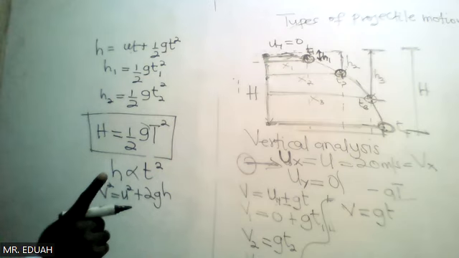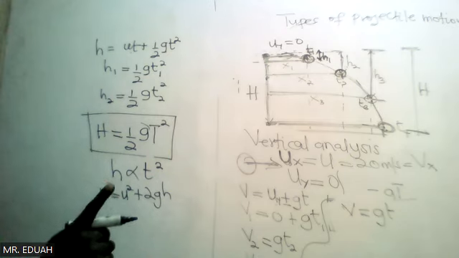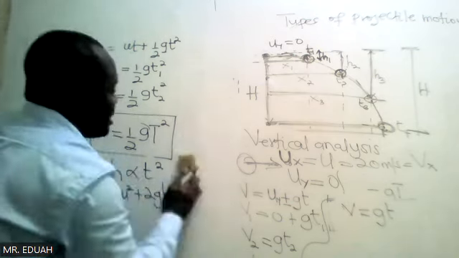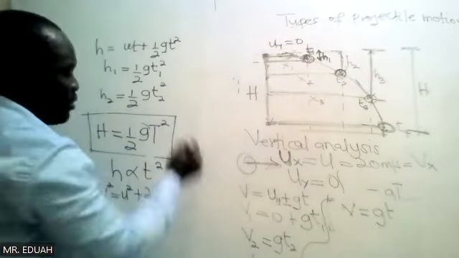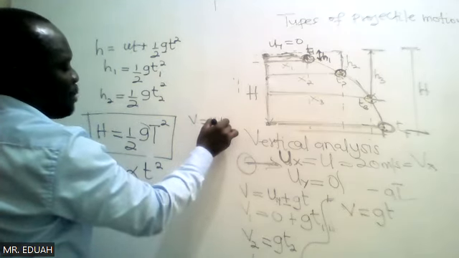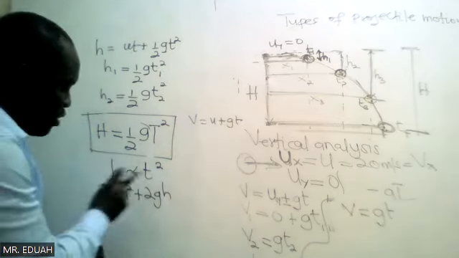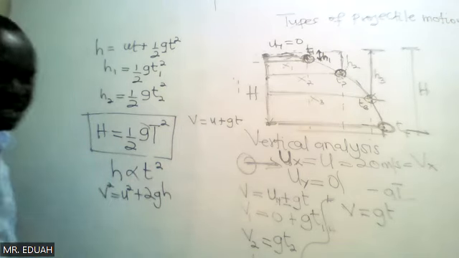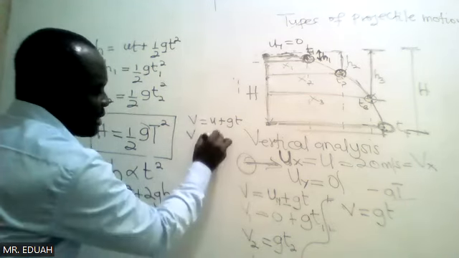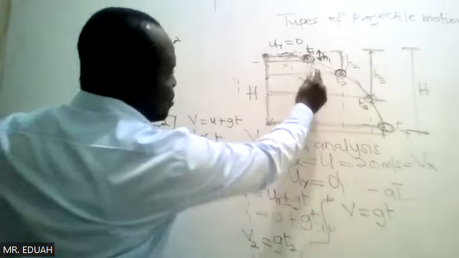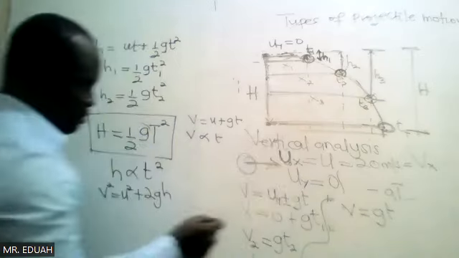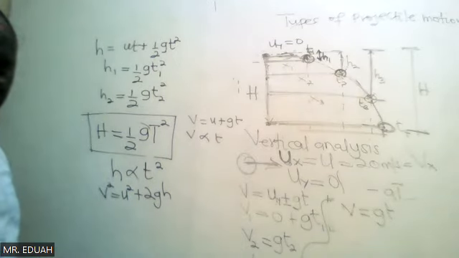You suggested, can we also use v squared is equal to u squared plus 2gh? Yes. And here, this will go for the velocity. Don't forget, in determining the velocity at any time, we started by using v is equal to u plus gt, and so this second formula will go for this. Here we deduce that the velocity is directly proportional to time, because v1 is equal to g times t1, v2 is g times t2, and so v is directly proportional to time.